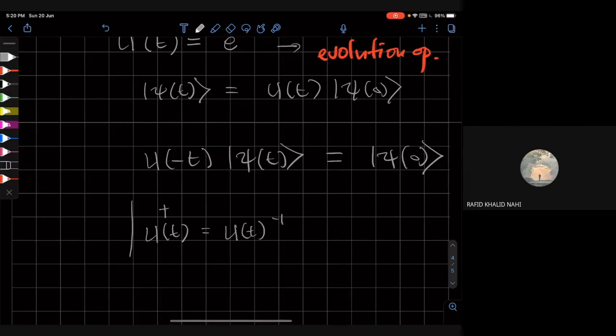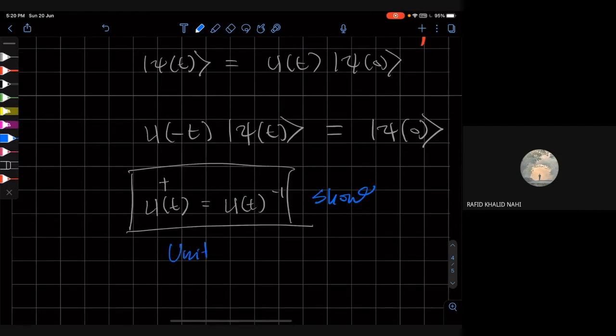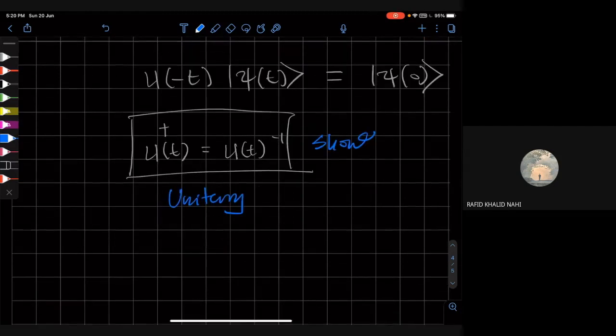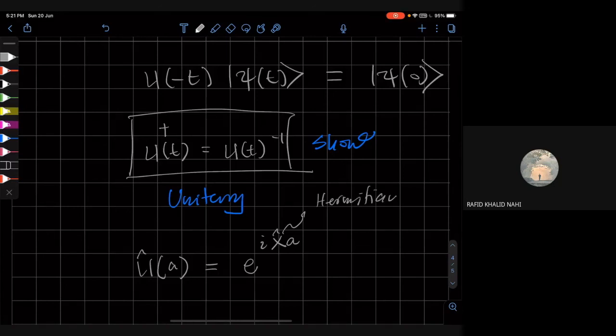So U of t, by definition, is a unitary operator. Okay, so this is something I showed, and you can show this. It's a unitary operator. And in general, for unitary operators U, which is given by some parameter A, it can be written as an exponential of i times a Hermitian operator times A. Okay, so this is some Hermitian operator, and this is unitary.